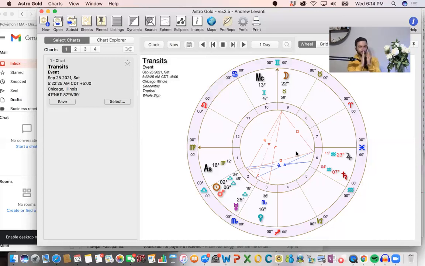And so they're moving toward a conjunction, but Mars is scooting away very slowly. It's trying to get away, but it can't quite keep up, and the sun is a little bit faster. So the sun's going to conjoin it, but Mars is not applying to the sun, right? The sun is applying to Mars and Mars is just moving forward still. So if Mars were moving backward, which is not astronomically possible in this situation, then they would be mutually applying.